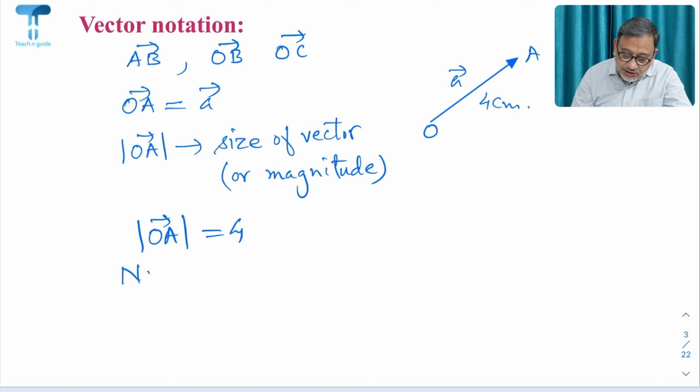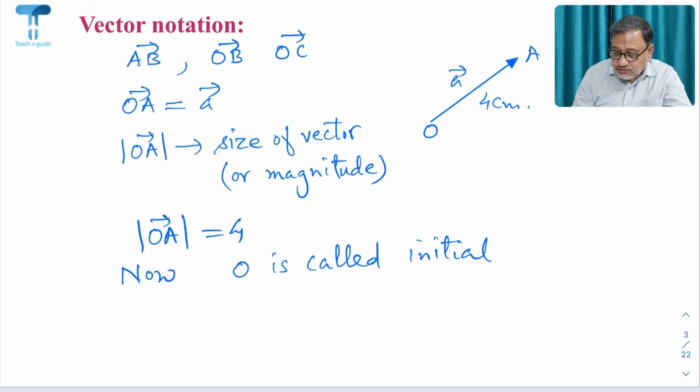Now what is O and what is A? O is called the initial point, where the vector starts, and A is called the terminal point, where it terminates.